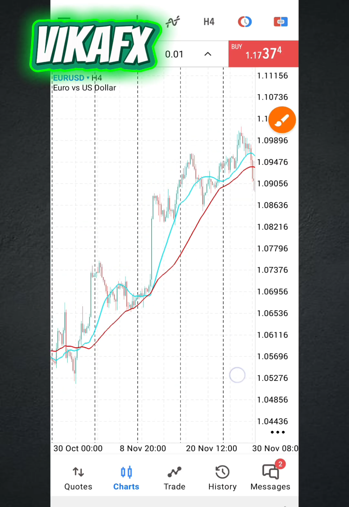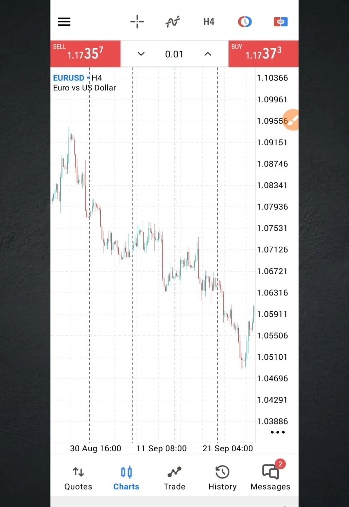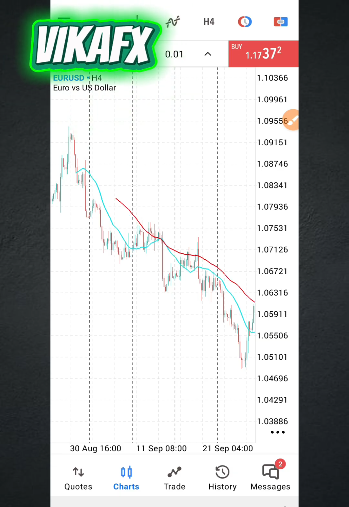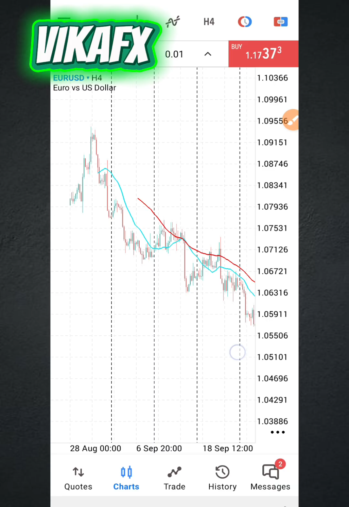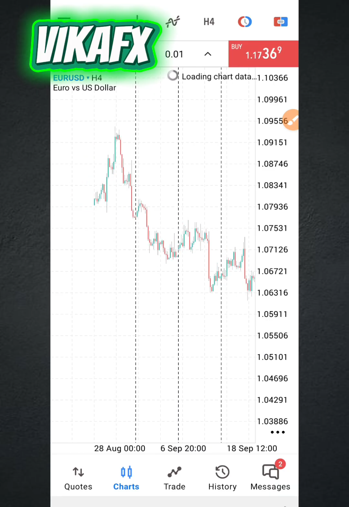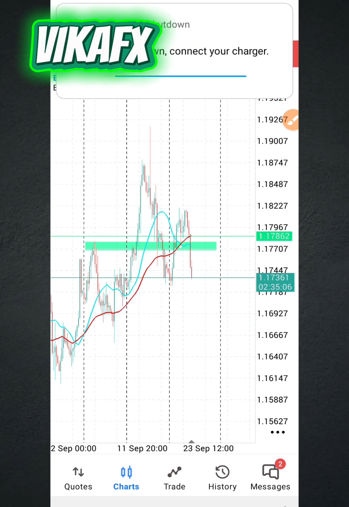Okay. Now how about the downtrend? This is what you have to look for. It's the same thing that applies to the downtrend. Once there is a crossover, you take your trades. Sorry, let me plug my phone.